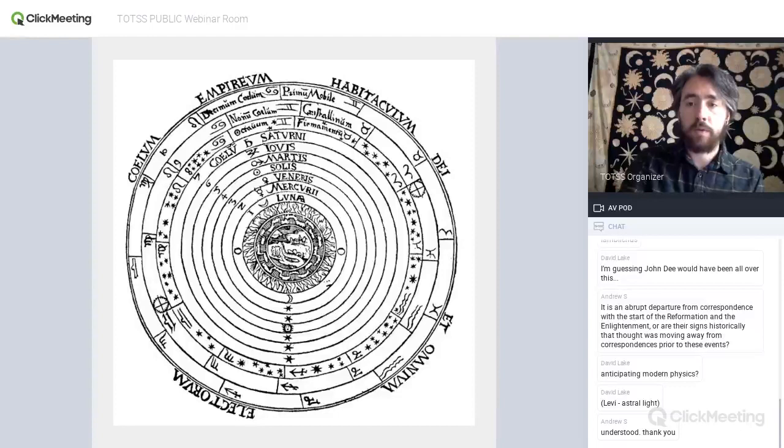But anyways, what Agrippa does is attribute the 10 Sephiroth to this map, so that the lowest Sephirah, Malkuth, corresponds with the world and the elemental world, and then the Sephiroth in ascending order correspond. So the 9th Sephirah, Yesod, corresponds with the moon, the 8th Sephirah, Hod, corresponds with Mercury, and so on until the 3rd Sephirah, Binah, corresponds with Saturn. Then the 2nd Sephirah, Hokmah, corresponds with the sphere of the fixed stars.